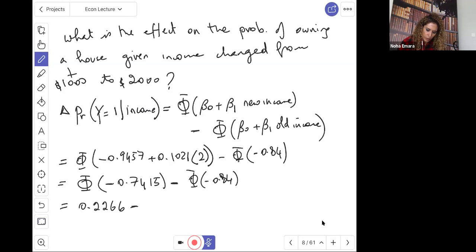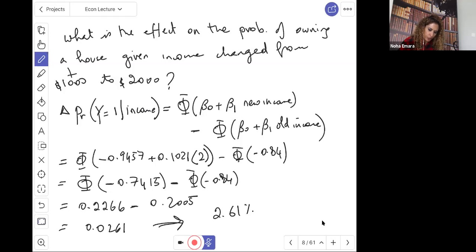And we already found this as 0.2005. Get the subtraction, 0.0261. The answer is 2.61% probability increase in the probability of owning a house.